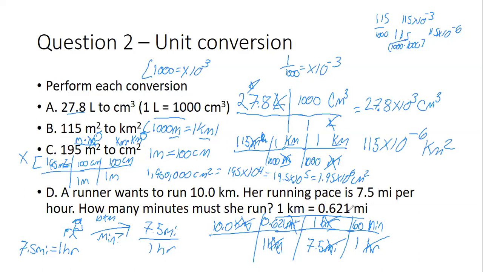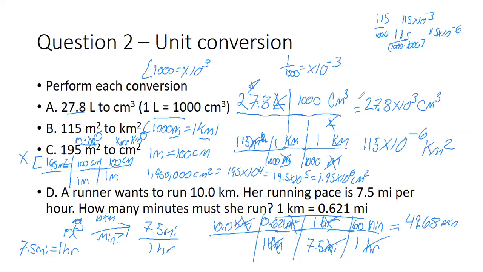So when we do that, if I did my math right, we should get a time of 49.68 minutes. So 49.68 minutes. Now we have to check our sig figs.